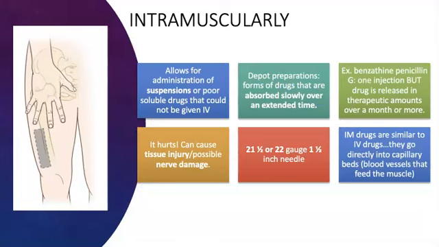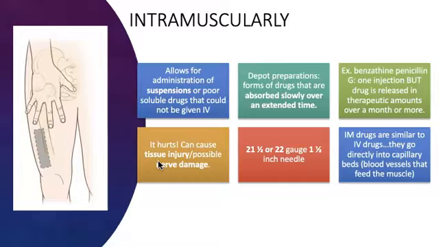That's really important. So IM injections, intramuscularly, allow us to place some medications into the muscle itself and allow a very quick, rapid administration. These are suspension drugs, or drugs that are poorly soluble that can't be given via mouth or IV.